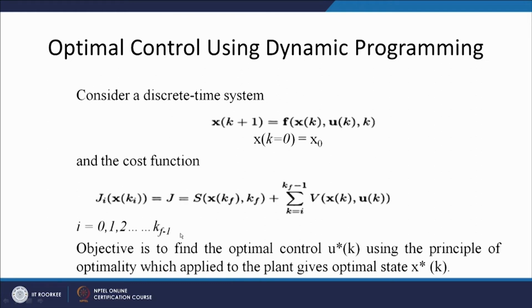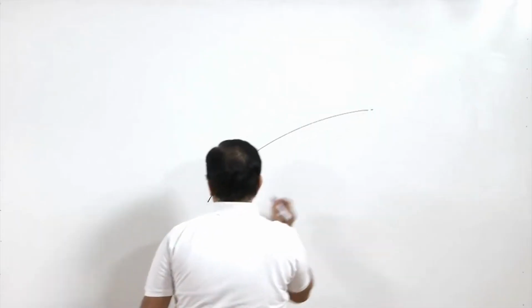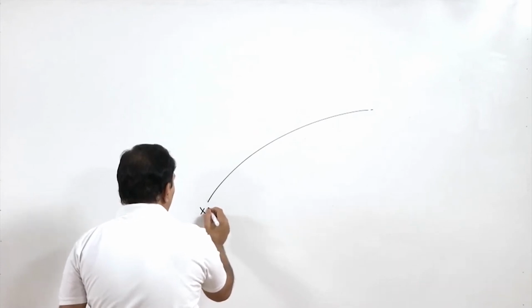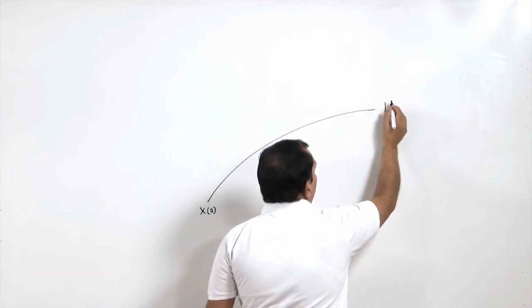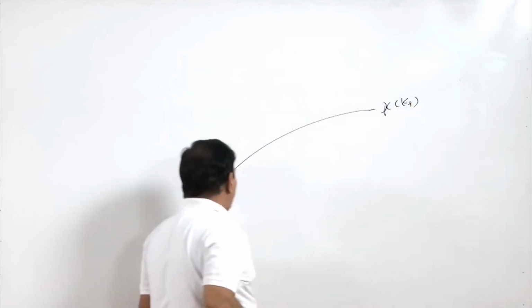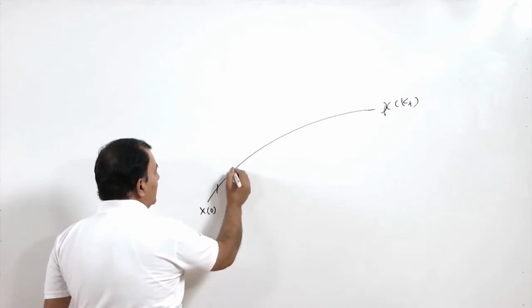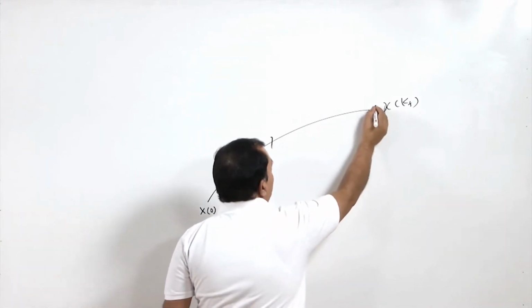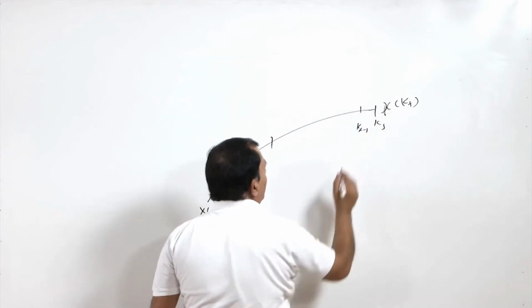This means in each stage I am writing the value, starting from x0 to x(kf), and i is varying from 0, 1, 2, 3, 4 and up to kf minus 1.